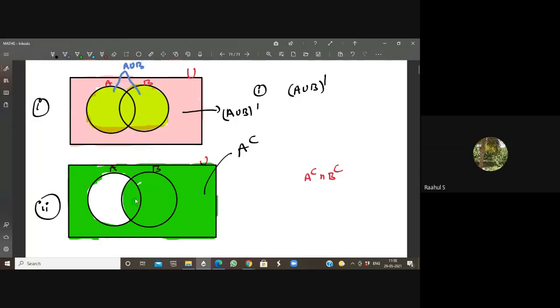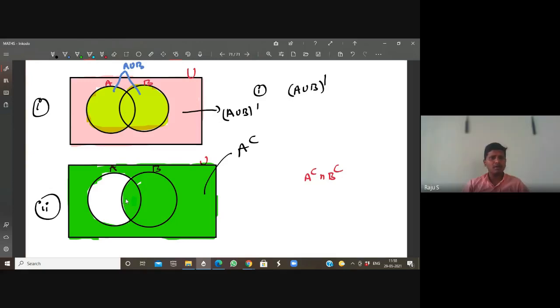We should not shade the common region, sir, because that common region also belongs to A. Is it clear?